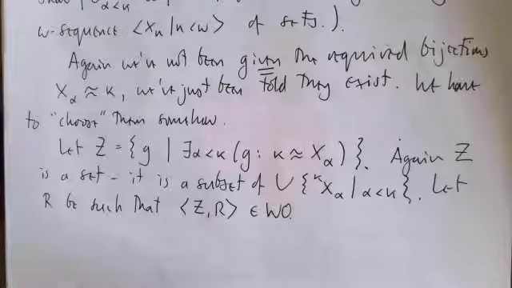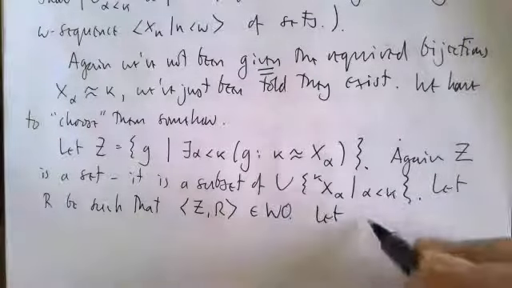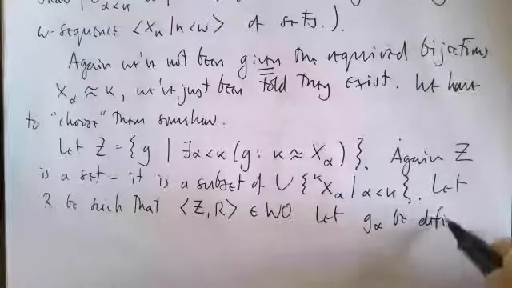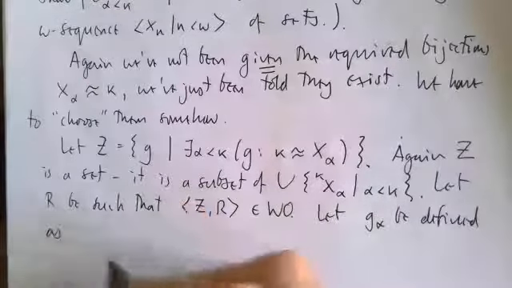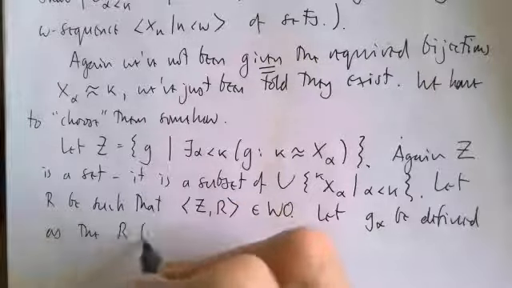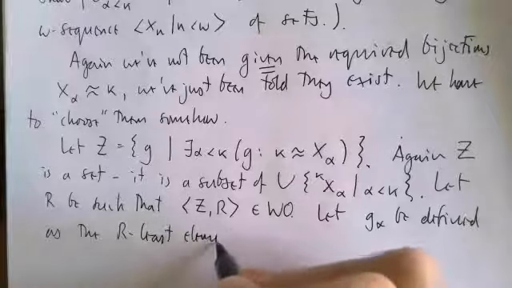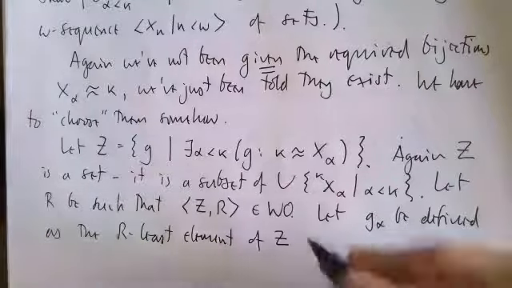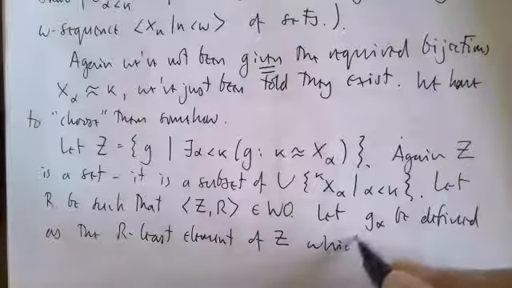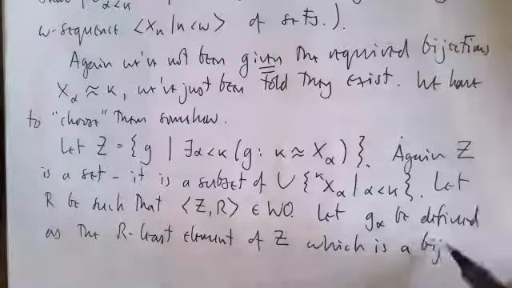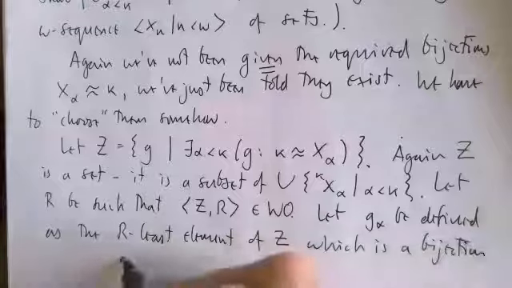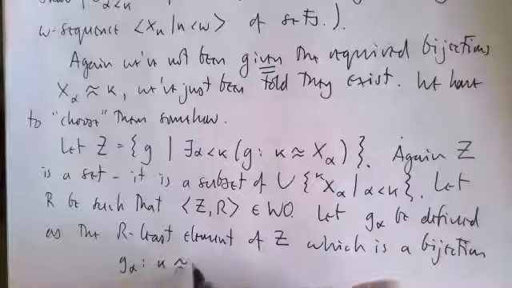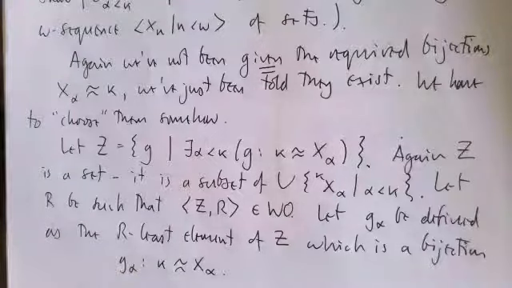So let G alpha be defined as the least element of Z, in the well order, which is a bijection of the kind we want. So we do this for each alpha less than kappa here.